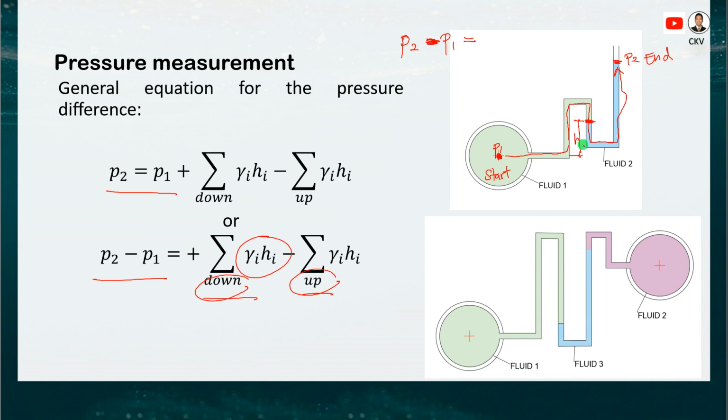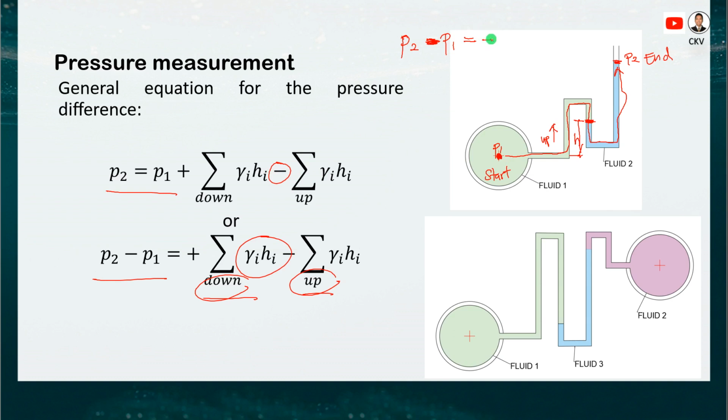Let's say this is your H1. From the starting point to the end point of that fluid, the starting point is lower than the end point. The end point is higher than the start point, so it goes up.